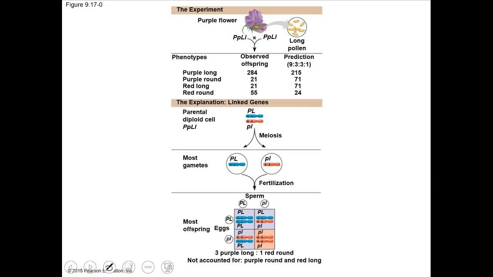All right, so how do we have this one? So if this one has an experiment where we have a purple flower and long pollen, we would expect to see a 9:3:3:1 ratio here. But this is what we expect, but what we're actually seeing is more of the purple and long. So more showing the dominant and more showing this long and round here.